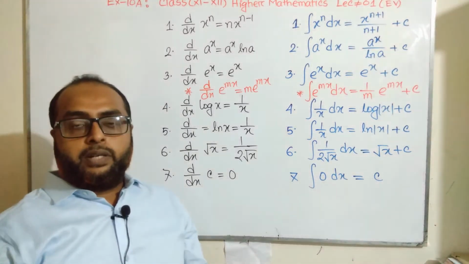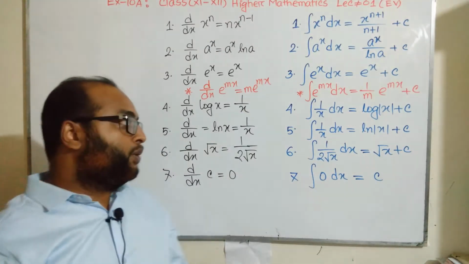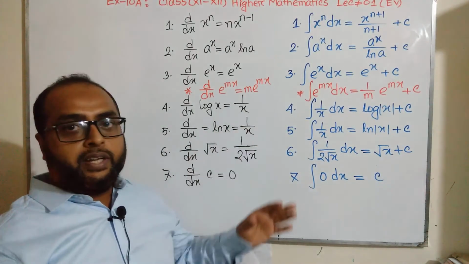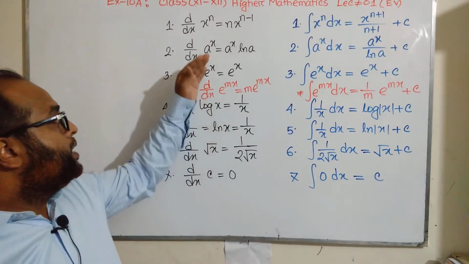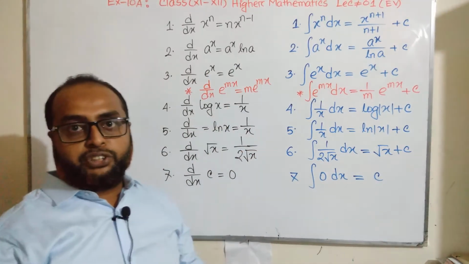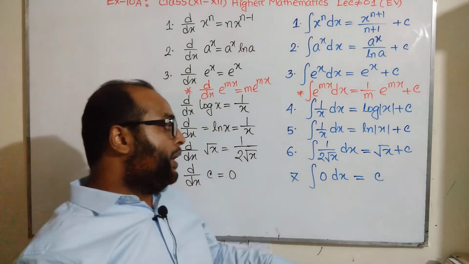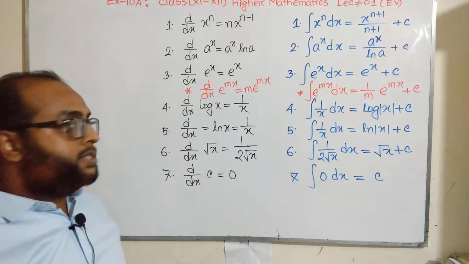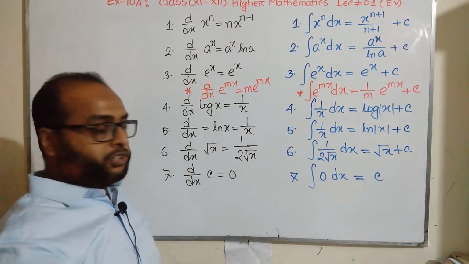So dear students, we can memorize these formulas by dividing them into 2 or 3 categories. One category is logarithmic and exponential functions, and now our second category is the trigonometric functions.